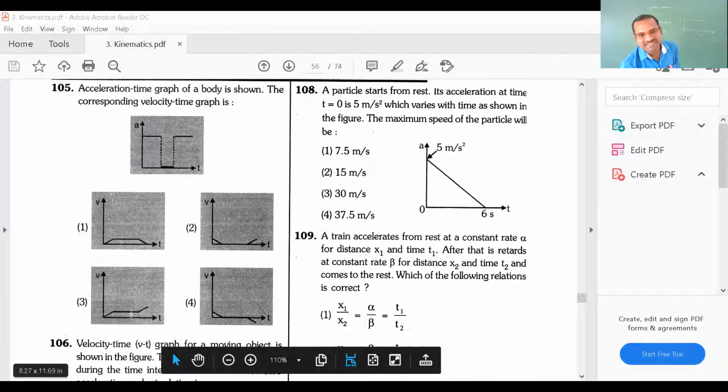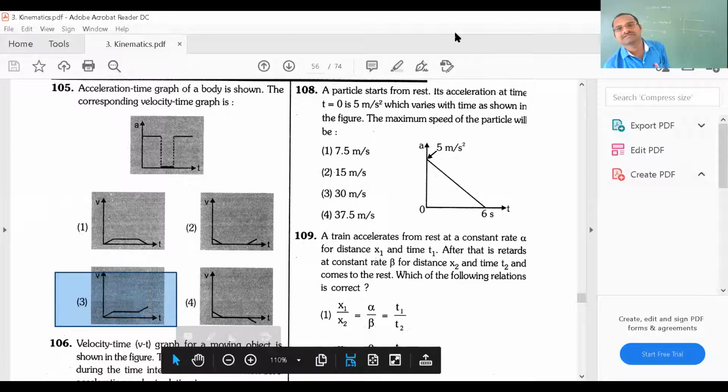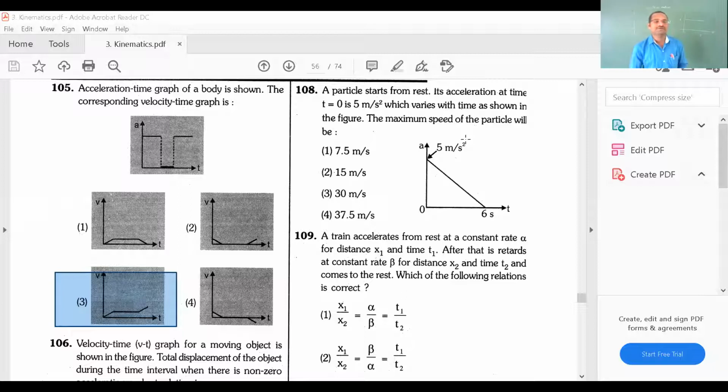Next, in the third part, acceleration is again positive constant. But here it is decreasing, so this is a wrong answer. Here it is increasing, so it is the right answer. Option 3 is the right answer. Option 2 is wrong.